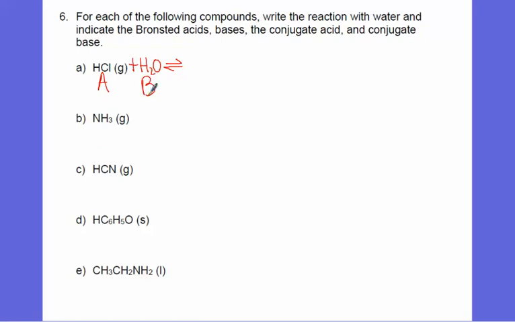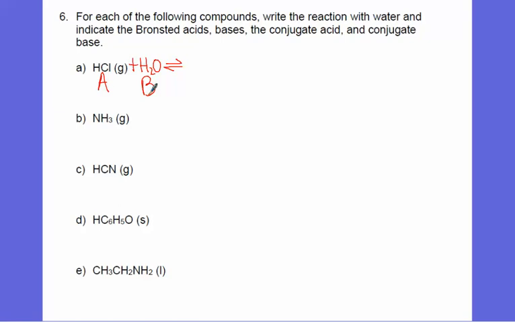Okay. In a Bronsted-Lowry reaction, what always happens is the acid will donate a proton to the base. Now, what do I mean by proton? I mean hydrogen ion. Why can I use hydrogen ion and proton interchangeably? Because H plus has a positive charge, which means it has one more proton than electron, which means it can donate its proton.